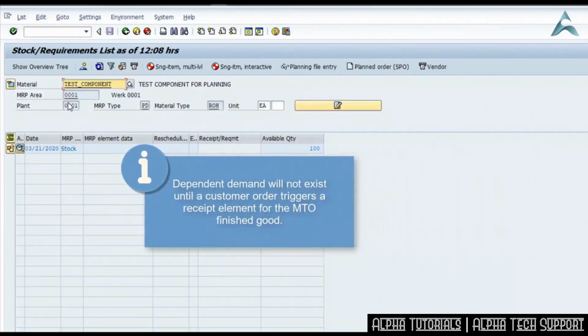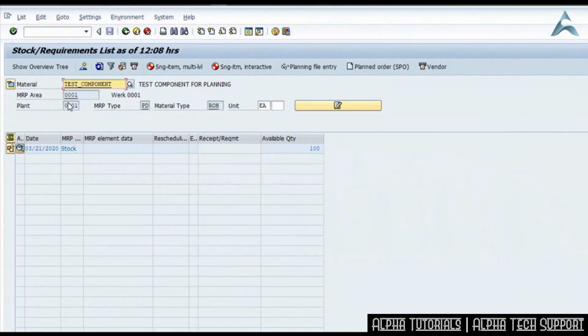Because there are no receipt elements or planned production orders or live production orders in the system for the finished good, there is by default no dependent demand at the component level. The dependent demand is only created when receipt elements for the finished good exist in the system. So much like our finished good, our test component will simply have whatever is on hand, in this case 100 eaches of inventory, sitting there waiting to be used.